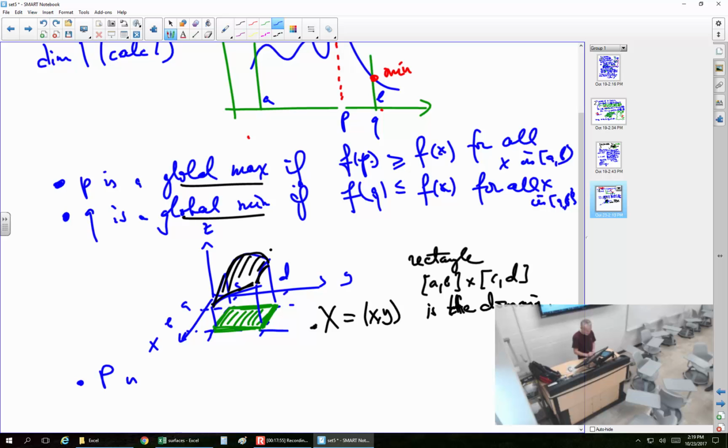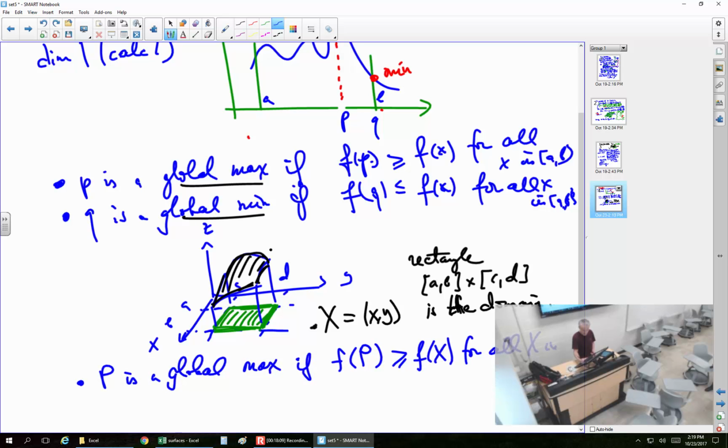So P capital is a global max if f of P is larger than or equal to f of x for all x in R. Let's say my R is my rectangle. That green rectangle is where my function resides, the inputs reside. Okay, and then I do the same for the other one, global minimum. The inequality is the opposite.